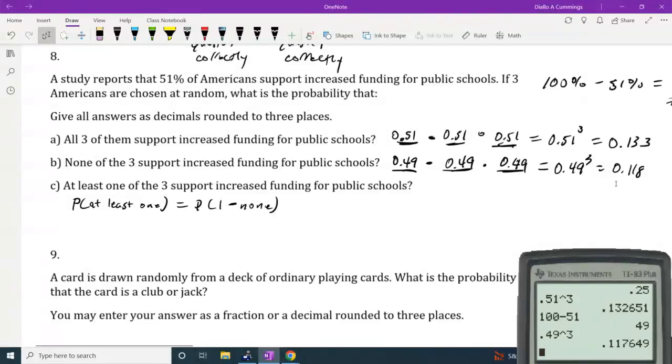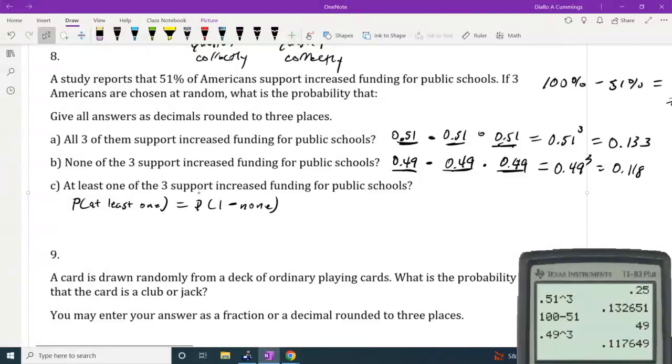So the none, we just found in that previous calculation. We found the probability that none of the 3 people supported to be 0.118. So we're going to use this 0.118 in the probability of at least 1.